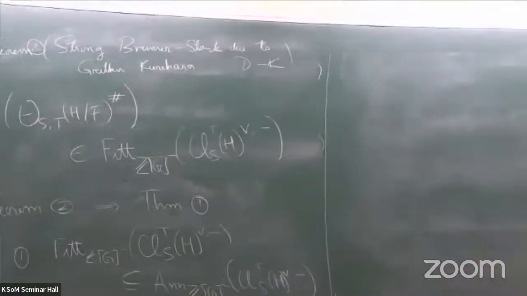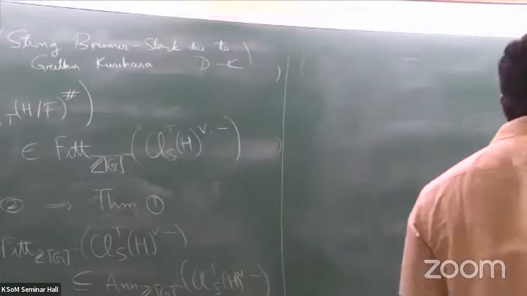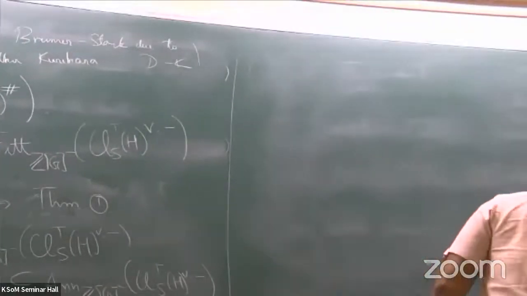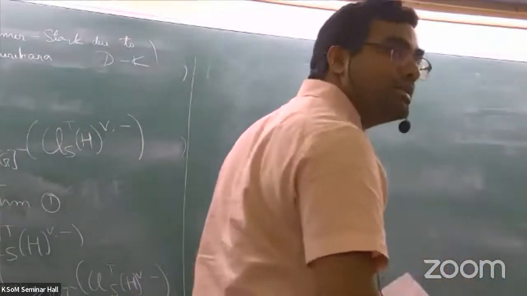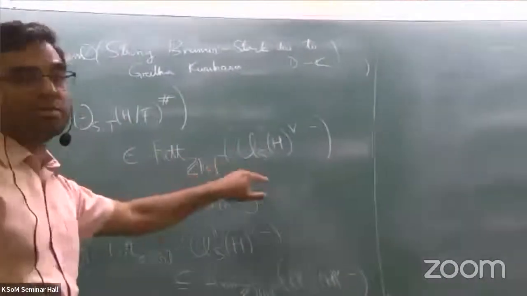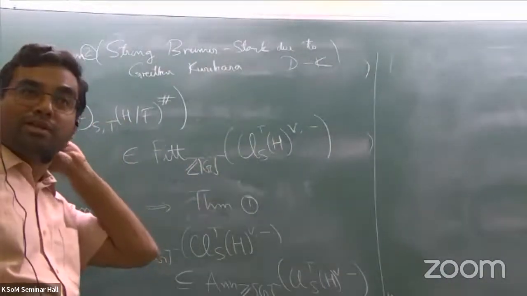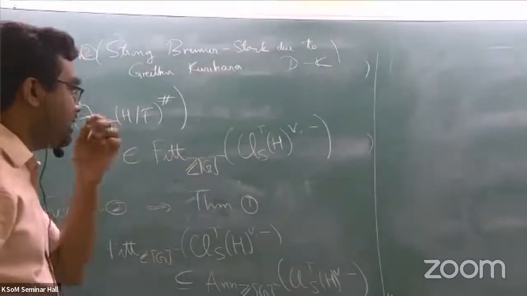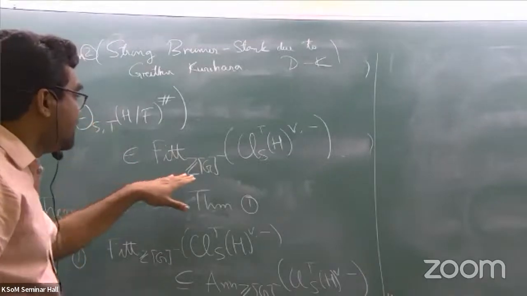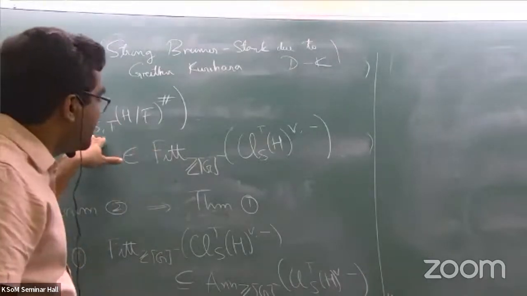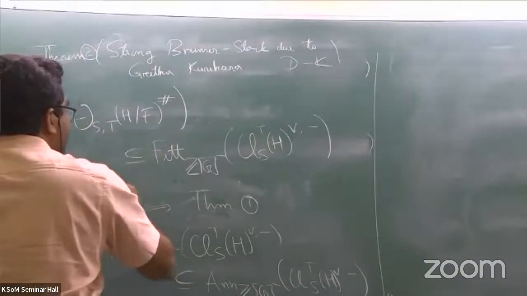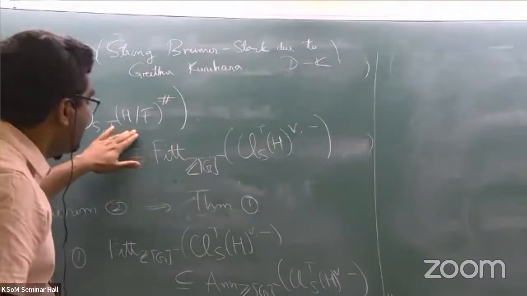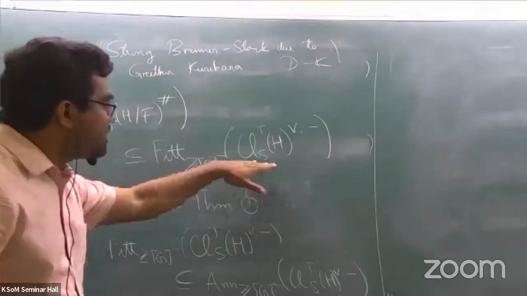The lucky thing for us is Burns, Kurihara, and Sano had exactly the right statement, where they described what this ideal is in terms of the Fitting ideal of some arithmetic object. There are various questions you can ask at this point. If this ideal is not equal to this, what exactly is this ideal?